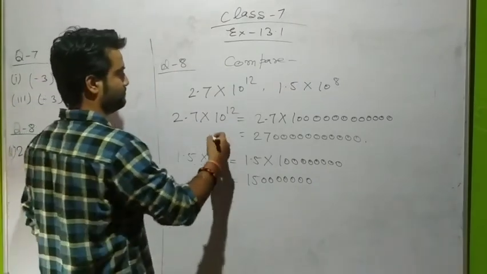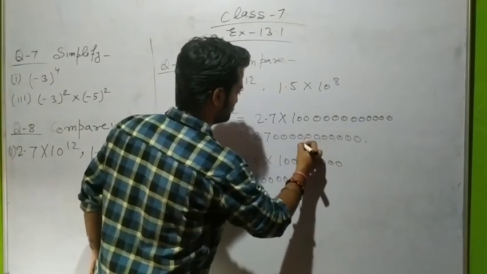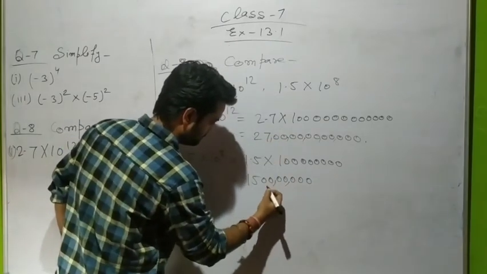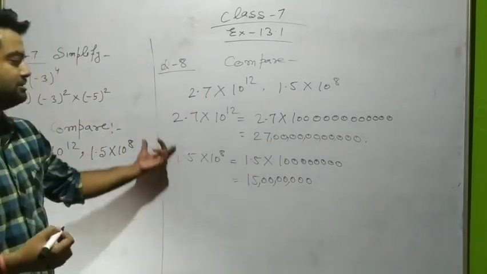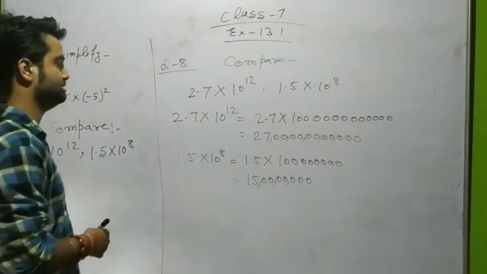Clearly, as you can see, these are the numbers in expanded form. This is also called scientific notation when we write it in this form.